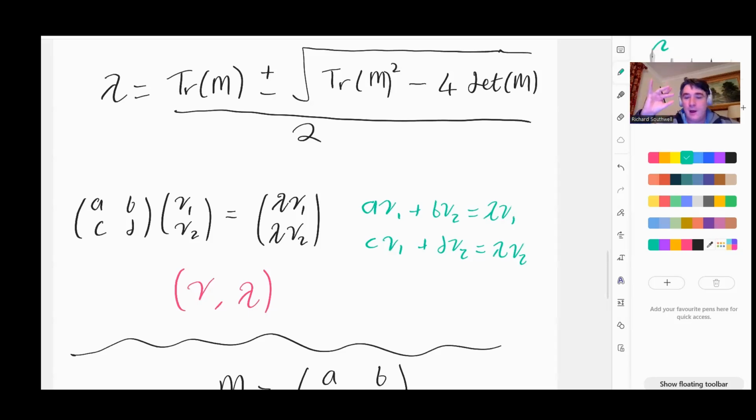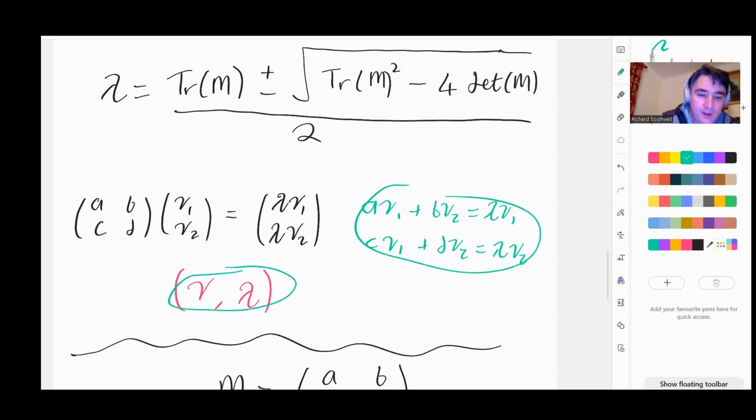So we're going to know the proportionality between v1 and v2. But of course, anything scaled by that is also going to be an eigenvector. But that's fine. Any solution will do. We just need to pick one eigenvector v that satisfies these equations. And then we'll collect that together with lambda.